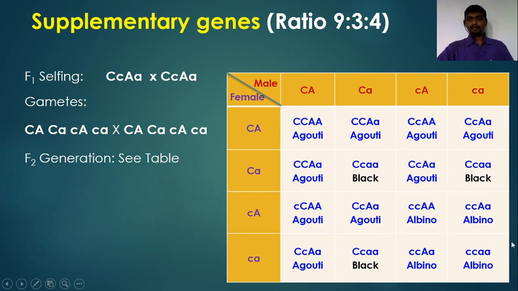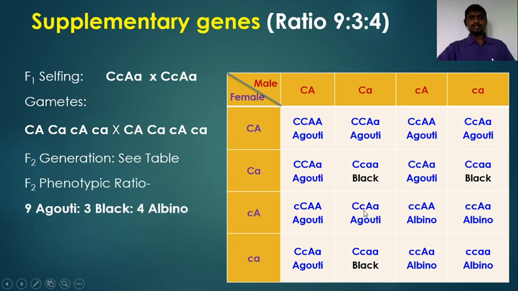But in the case of the albino mouse, we found that this recessive epistatic gene, small c, inhibits or suppresses the phenotypic expression of another gene A, because of which the mice coat color is albino. So we found 4 individuals having albino color.